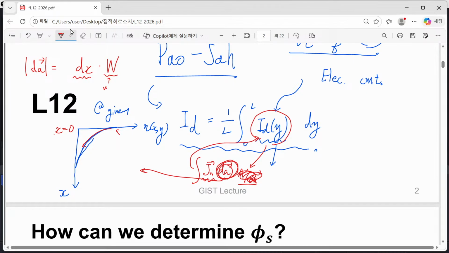This is the width of our transistor, and along the width direction we assume homogeneity, so it is okay.